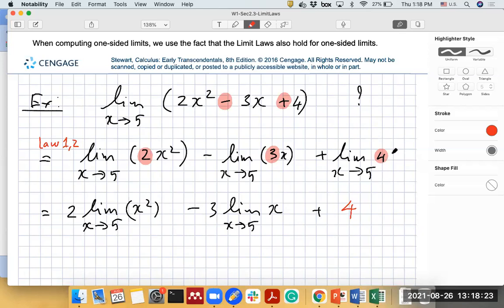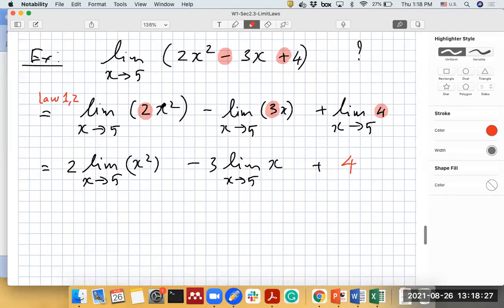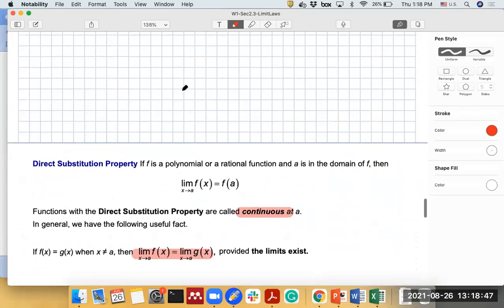Be careful. Here, the polynomial x to the n is continuous. All polynomials are continuous, so we can use direct substitution here. What does it mean? It means we can substitute x by 5.